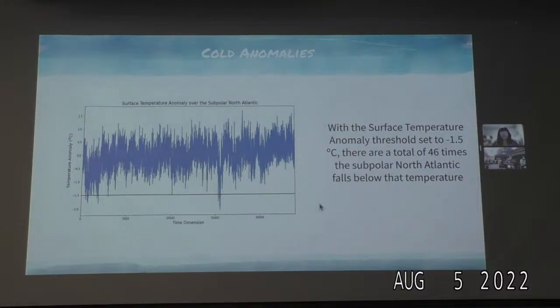Unfortunately, I don't have specific years, because I don't think this is based on actual data. This is supposed to represent thousands of years in the past, based on the pre-industrial control that we got from the Community Earth System Model. Okay, thank you. No problem.